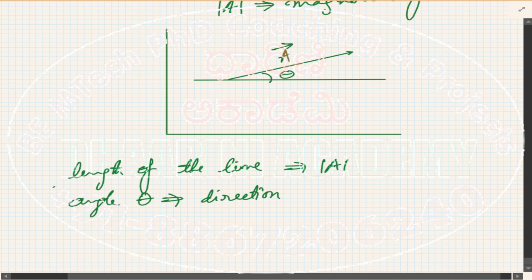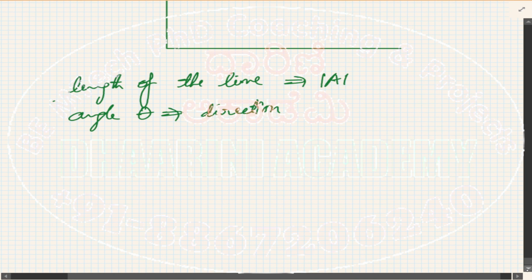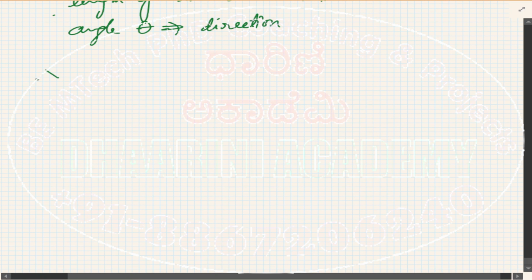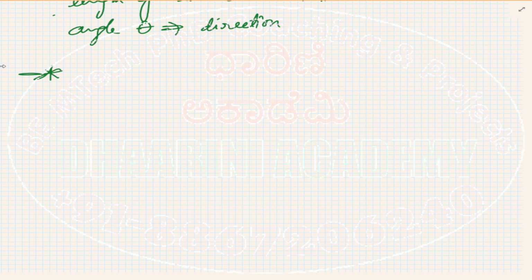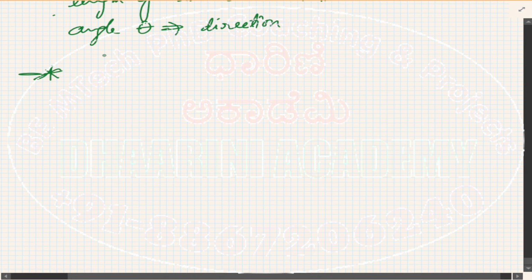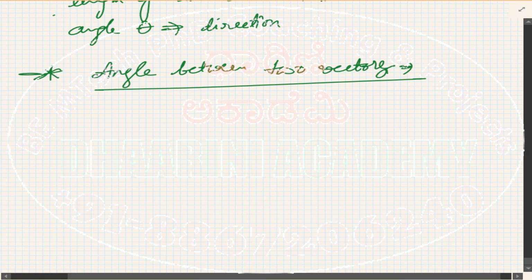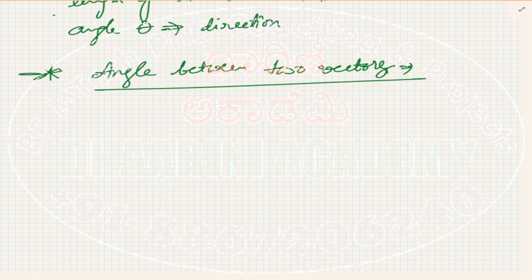Now, whenever we have two different vectors, we need to measure the angle between the two vectors. So this is the angle between two vectors.